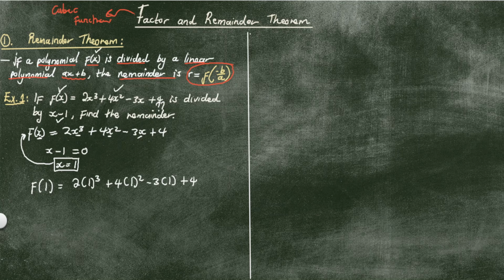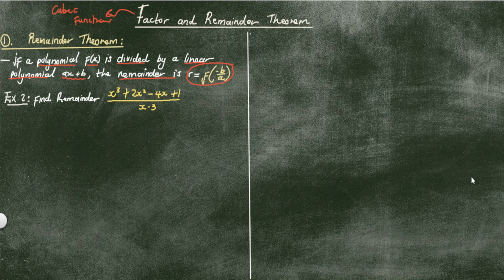Not plus 3 but minus 3. I'm calculating plus 4. The answer is equal to 7. So therefore it means that x minus 1, this linear, when dividing this polynomial, it leaves a remainder of what? Of 7.